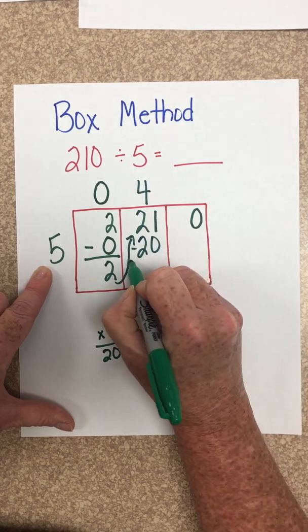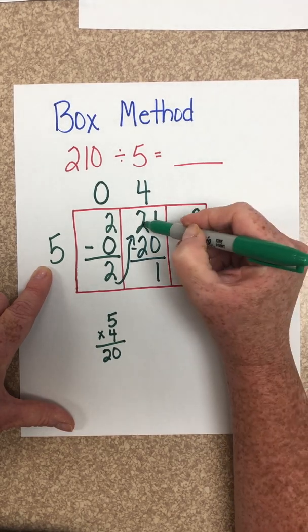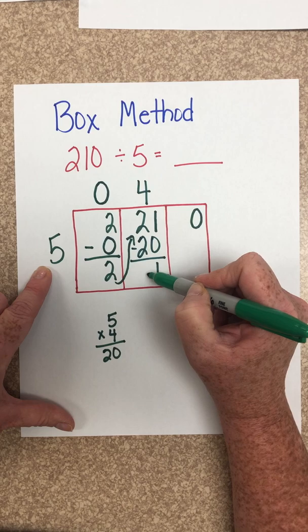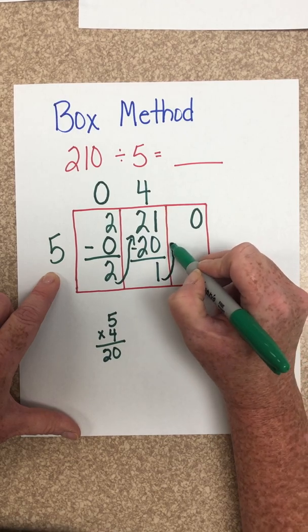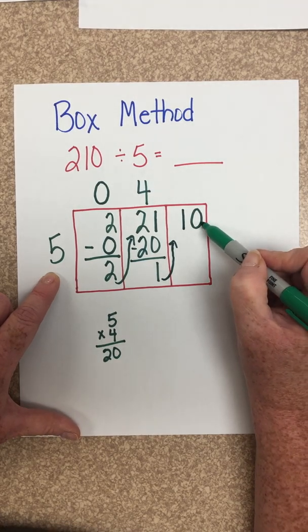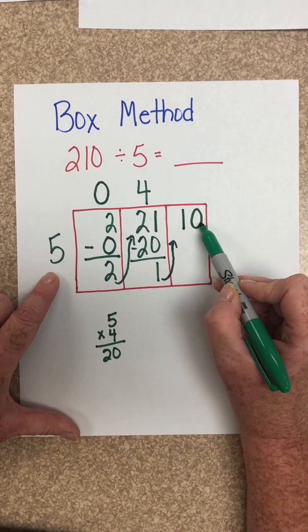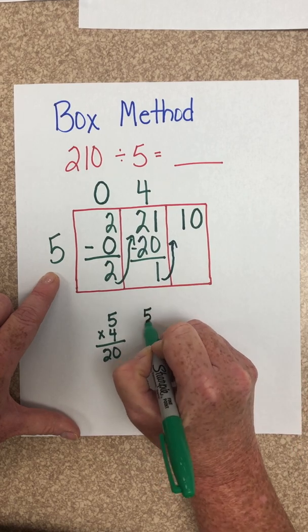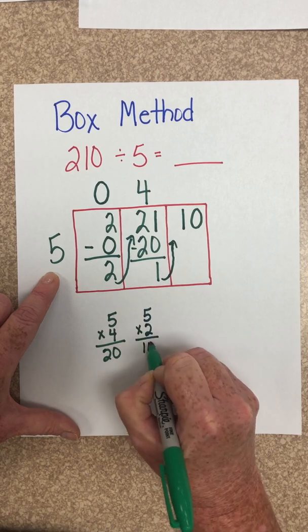Now we subtract. 1 minus 0 is 1. 2 minus 2 is 0. We could put the 0 here, but we do not have to. Now let's carry that 1 to the third column and put that in front of the 0. And now we have 10. So we ask ourselves this question again. How many 5s are in 10? Well, I'm going to go down here just to be sure. 5 times 2 is 10.